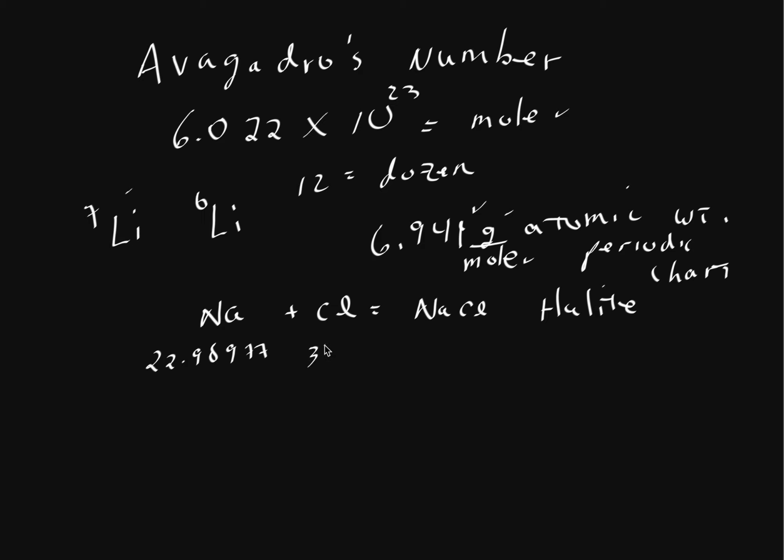Chlorine is about 35.453. And so for halite or sodium chloride, we can add those two things together, and the molecular weight that we would get is about 58.443. We'll just round it off to 3 decimal places here. Now, all of these have units. These are units of grams per mole.